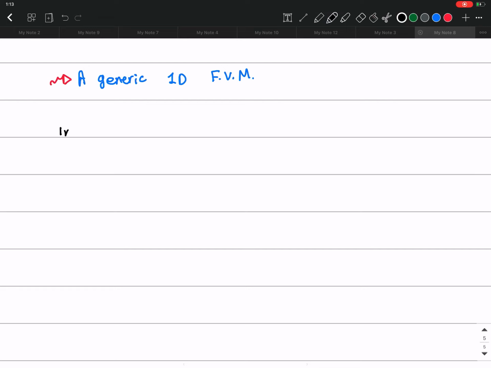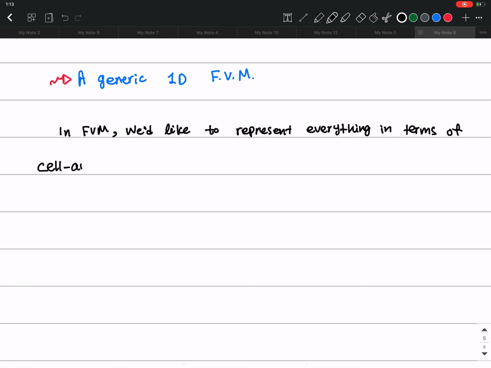So in general, in finite volume method, we would like to represent everything in terms of cell averaged quantities.